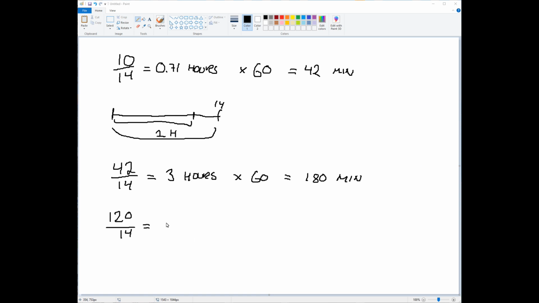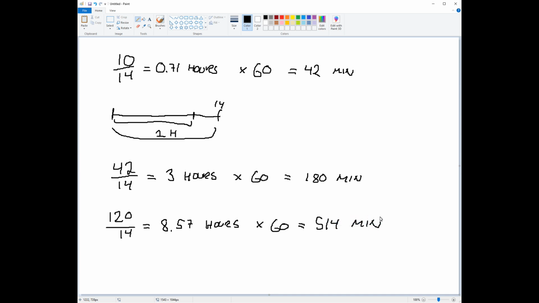So rounding a little bit here, it's 8 point, let's call it 7 hours. You can then multiply by 60, and now you get a lot of minutes. So it's going to be around 514 minutes.